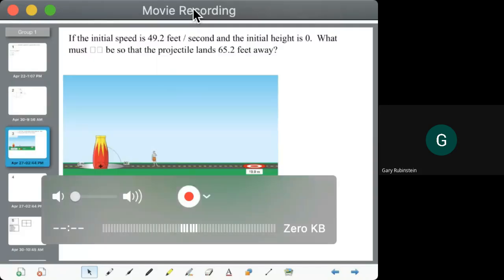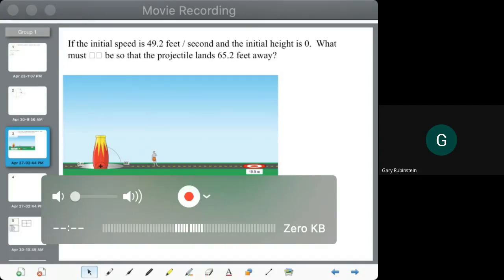Let's take a look. Here is the third scenario that I didn't show you the other day. In this scenario, we know what the initial speed is going to be. For some reason, the theta did not copy over properly.